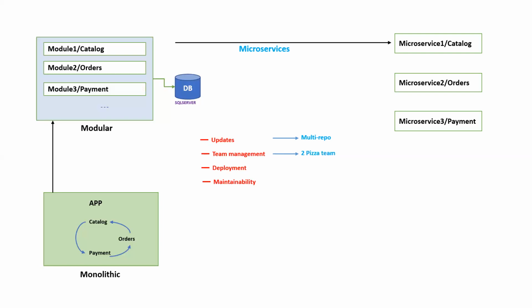Coming to team management, in microservices this was something called a two-pizza team. This was basically introduced by Amazon, where the team size should not be more than the number of people who can eat two pizzas.